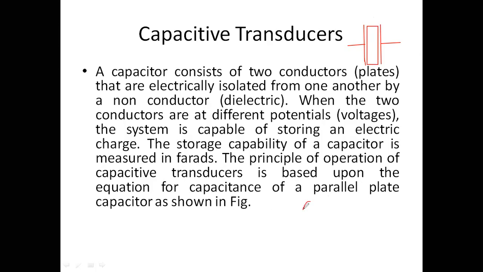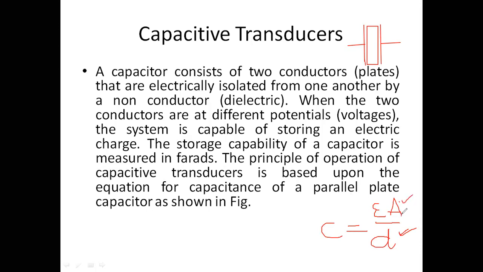Now, capacitance C equal to epsilon A by D is the basic formula, where D is the distance between the two parallel plates of a capacitor, and A is the overlapping area.